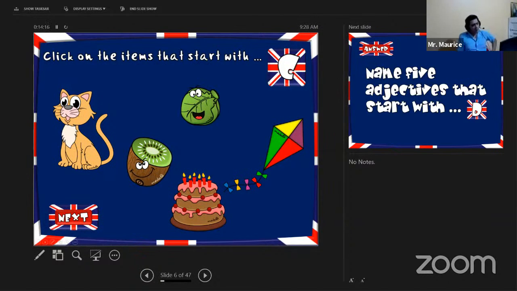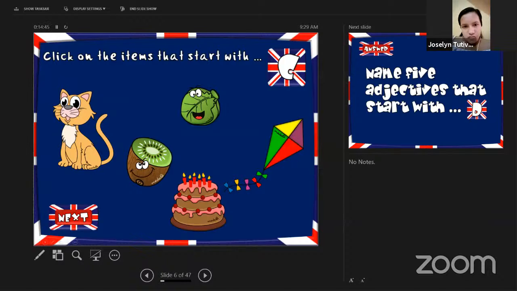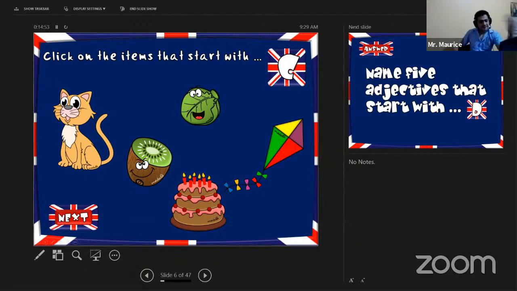Another object that starts with the letter C. Miss, hello. Hola, Miss, por favor. Ok, ya le ayudaron sus compañeros aquí. Empieza con la letra C. Cat. Perfect. Now, you tell me another object with the letter C. A ver. ¿Quién me ayuda?